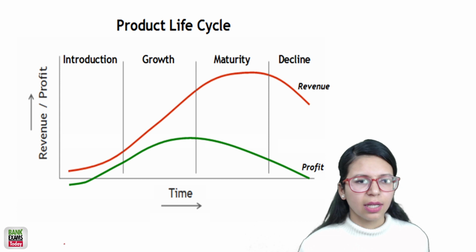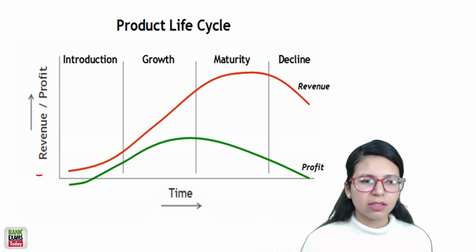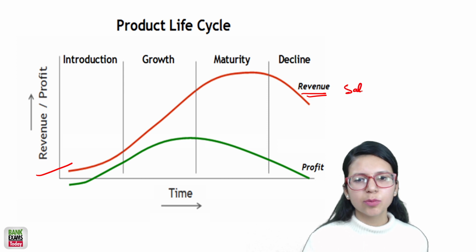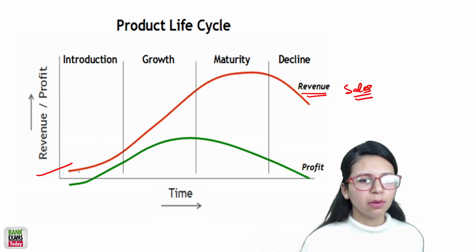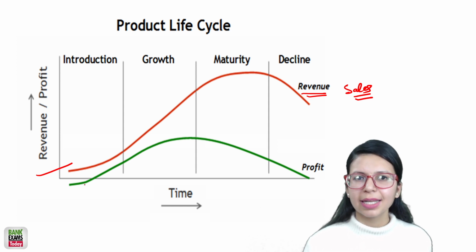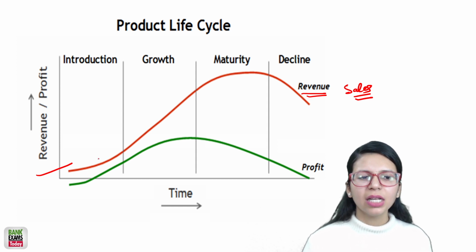Now when a product is first introduced in the market, it does not have much sales, and profits are low. Revenue here is in terms of sales, right? At the time of launch, in the introduction stage, the product was not known in the market, the profits were less, sales were low, and then gradually when the product did well, it grew in the market.